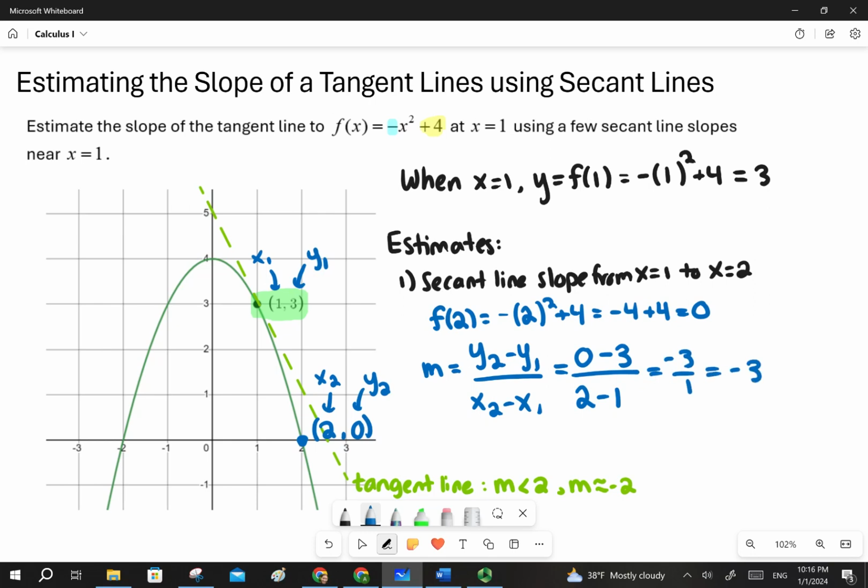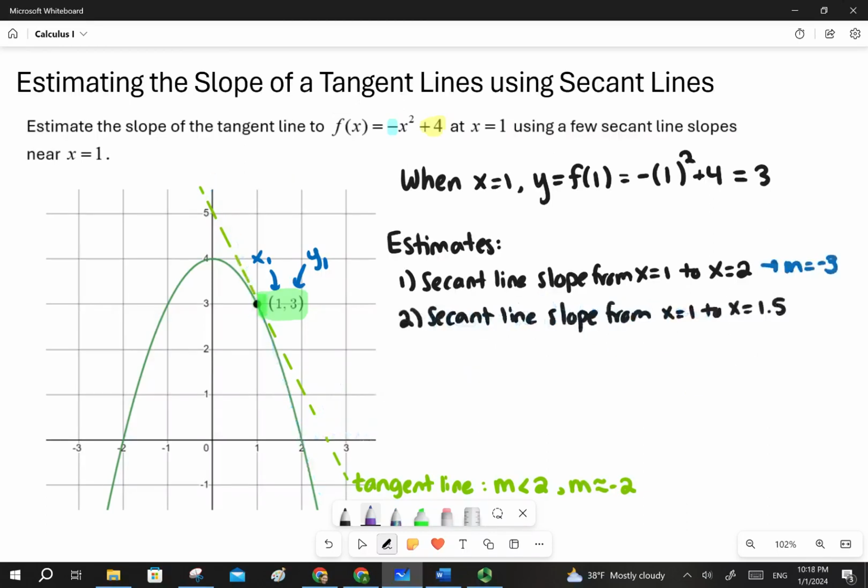This slope is negative, like expected, but we can see from the graph that this secant line is significantly steeper than the tangent line. For the secant line from x equals 1 to x equals 1.5, again, I need the y-coordinate of the second point. f of 1.5 is negative 1.5 squared plus 4, which is negative 2.25 plus 4, which equals 1.75.